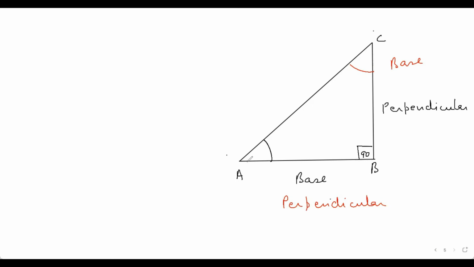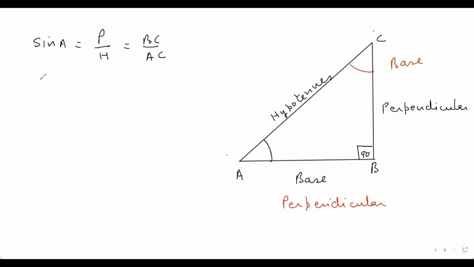When we talk about angle A, we take AB as base and BC as perpendicular. When we talk about angle C, BC is base and AB is perpendicular. Sin A is equal to perpendicular upon hypotenuse, that is BC by AC.